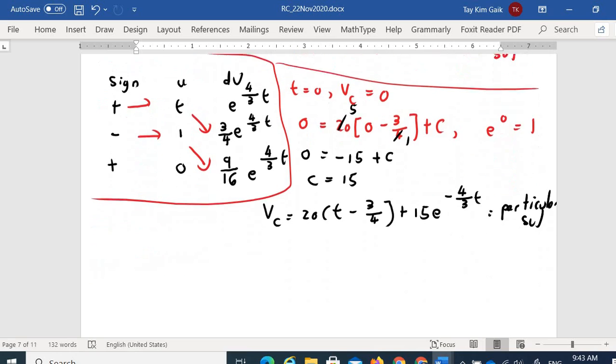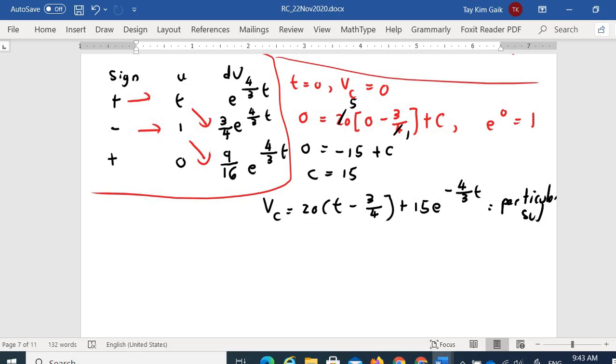We can double check, as we know that I equals C times dVC dt. We are going to check whether the VC that we obtained is correct or not. We differentiate to get dVC dt and multiply by the capacitor value, which is 0.25, and it should equal the I that you obtained in example 1.